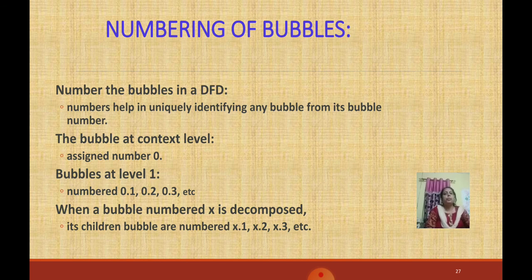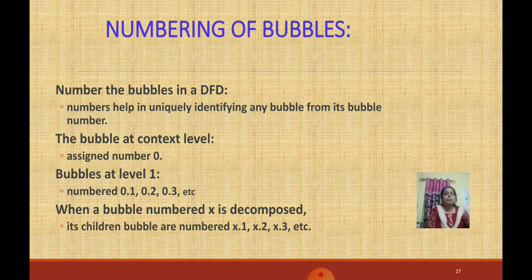Numbering of bubbles in a DFD. Numbers help in uniquely identifying any bubble from its bubble number. The bubble at context level is assigned number 0. Means from the numbering we can uniquely identify each process.